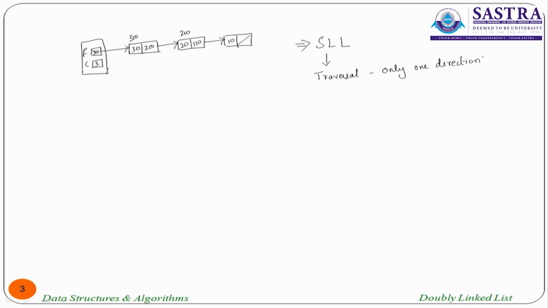So, again I have to travel from the first node, 1, 2, 3 like that. So, from a particular node I cannot travel back. I can reach the nodes which are present after the particular node. If we are at the 50th node, I can reach the 75th node or 80th node like that, but I cannot go back. So, this is a small drawback in the singly linked list representation.